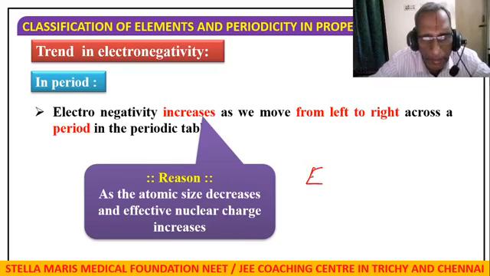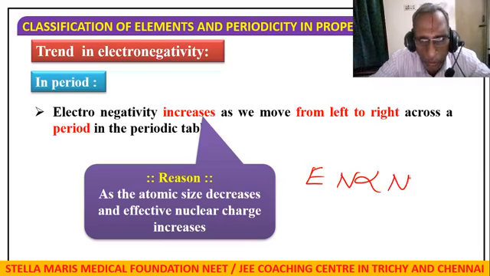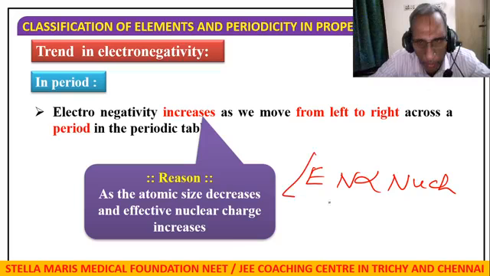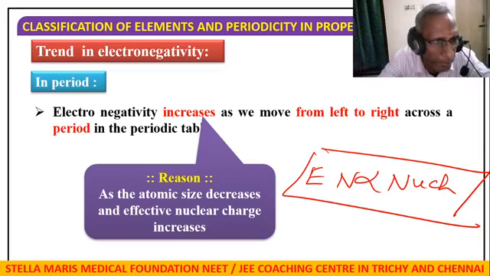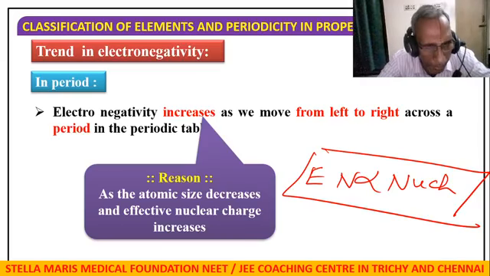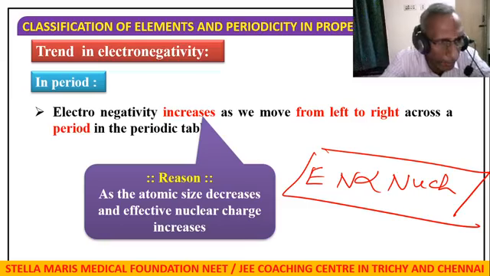Electronegativity is directly proportional to nuclear charge. Higher the nuclear charge, higher is the electronegativity. Lower the nuclear charge, lower is the electronegativity. Like that.